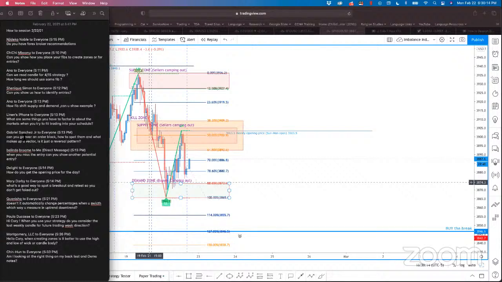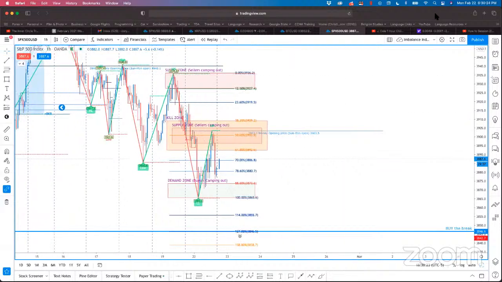Gabe said, can you go over order blocks, how to spot them, and what makes up a vector? Is it just a reversal pattern? Sure thing. Can definitely go over that.